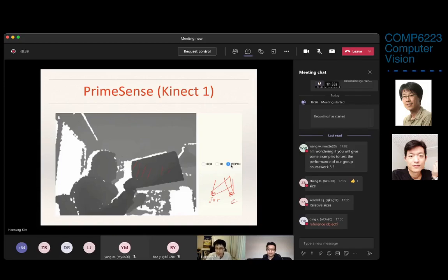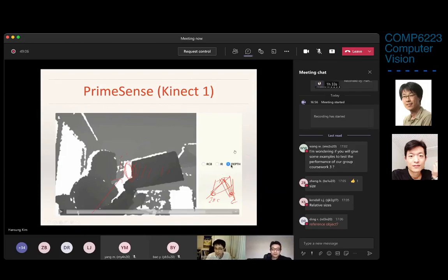But when you look from the camera, this part has no pattern, because the emitter emitted from this direction, but you capture from this direction. So this is occlusion, the same as a stereo camera. In a stereo camera, you use two RGB images, but in an IR sensor, one is the emitter and the other is the receiver. That's why it has that kind of gap.